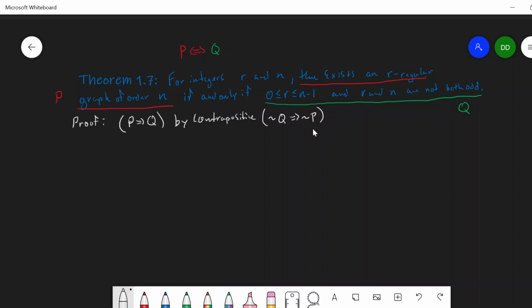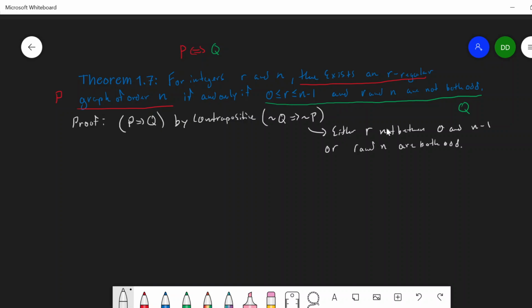So what this means, not Q implies not P, is that either R is not between 0 and n minus 1, or R and n are both odd. This is my hypothesis that I'm assuming, and then I want to show that there is not an R-regular graph of order n.